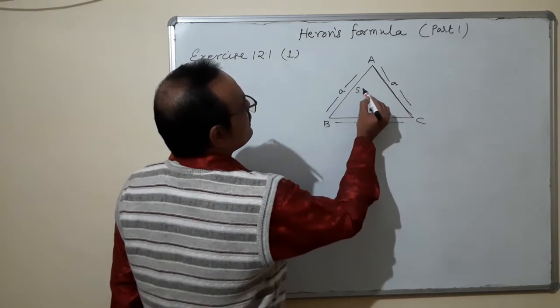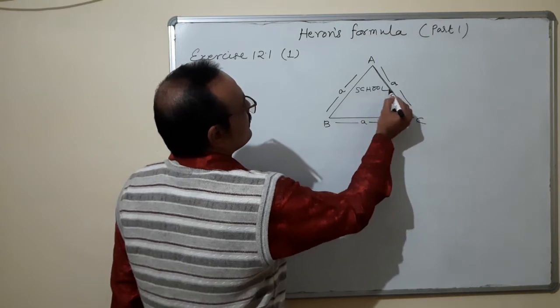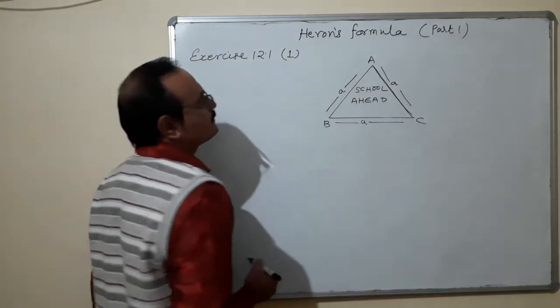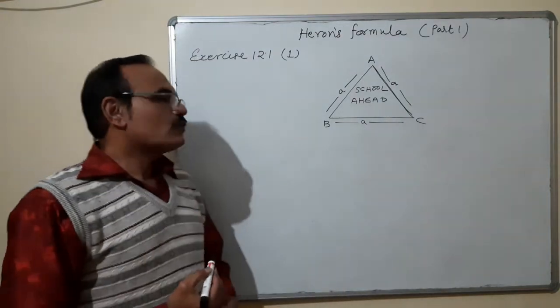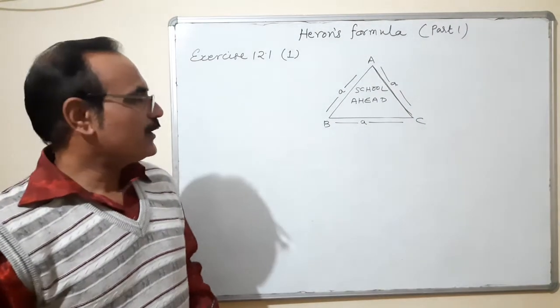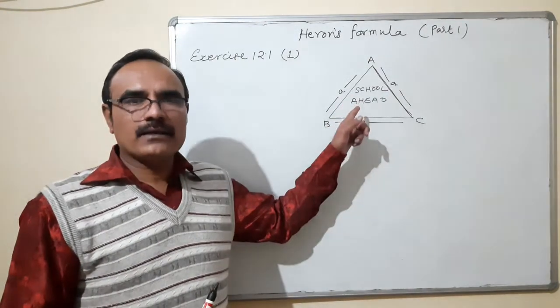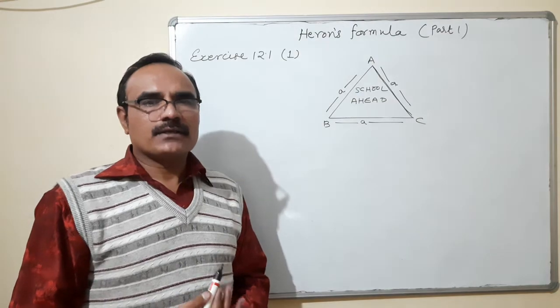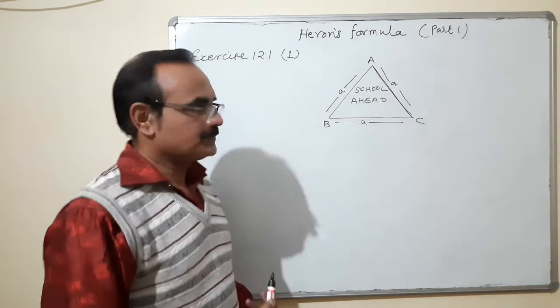And it is mentioned school ahead. There are two parts of the question. Number one, we are going to find the area of this triangle. And second, the perimeter is given as 180 centimeter, then what is the area of it?